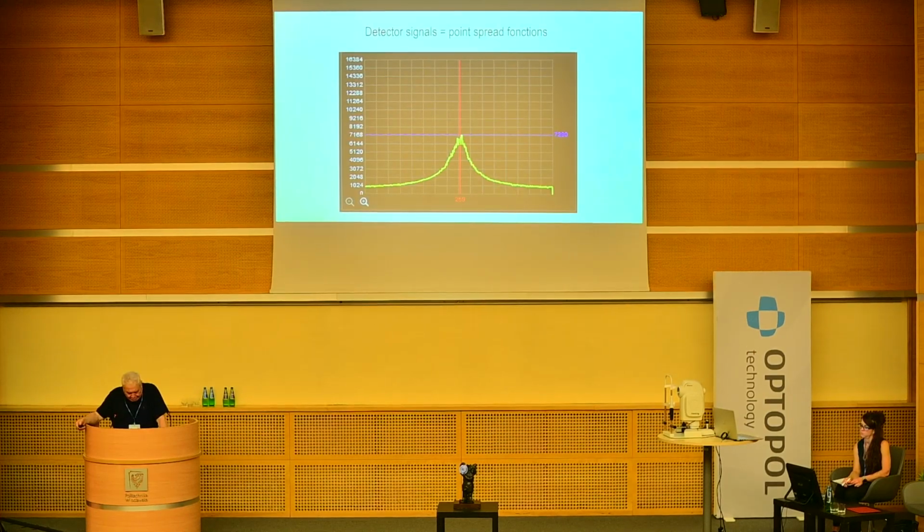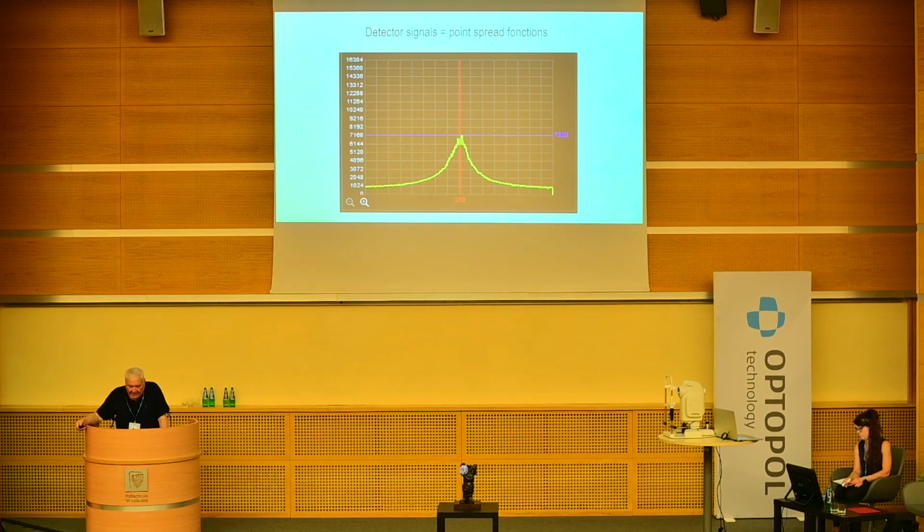And you may look, red is the number of the element of the multi-element detector. The detector has 512 elements, and this is the number of the element, red. And blue is the level of the signal.